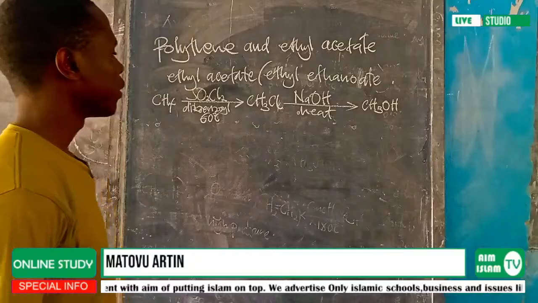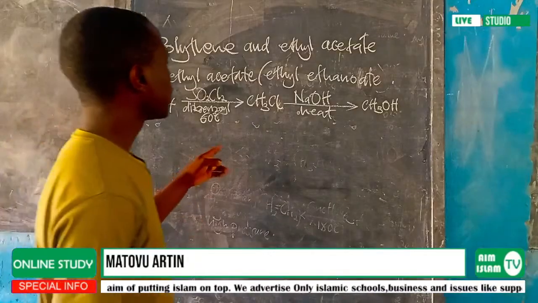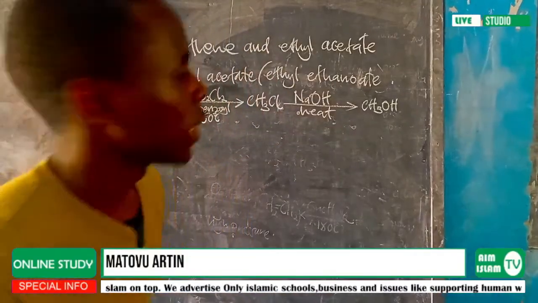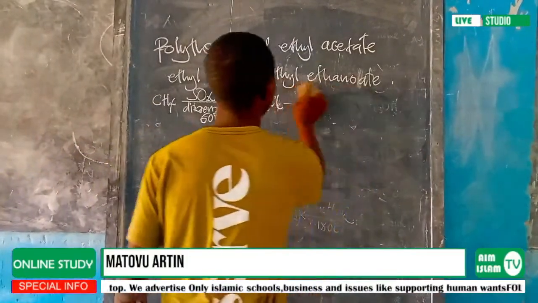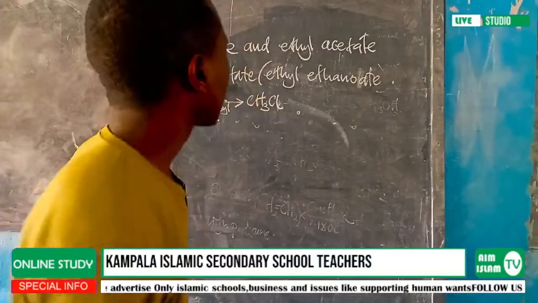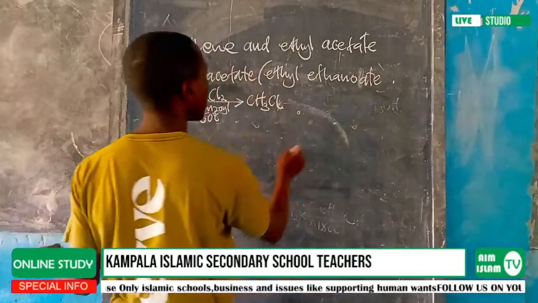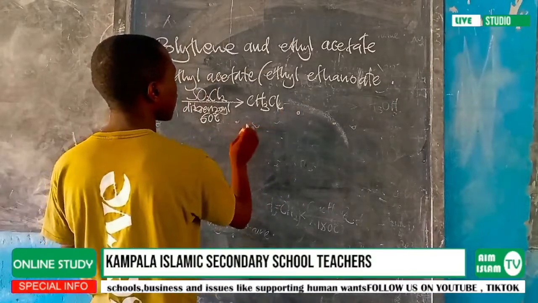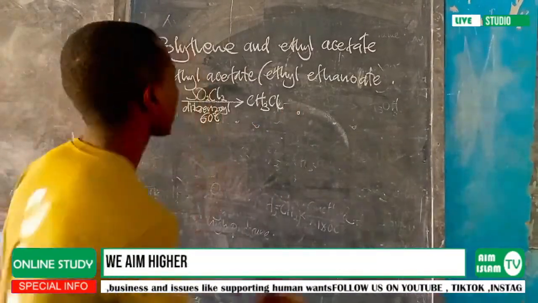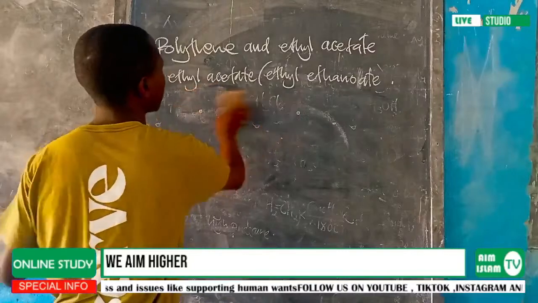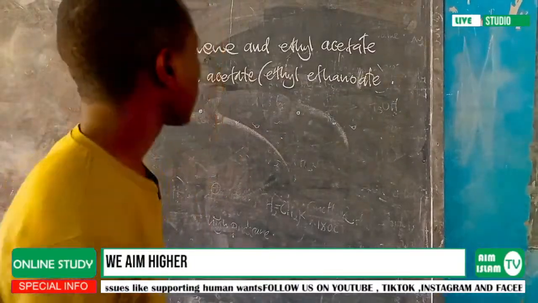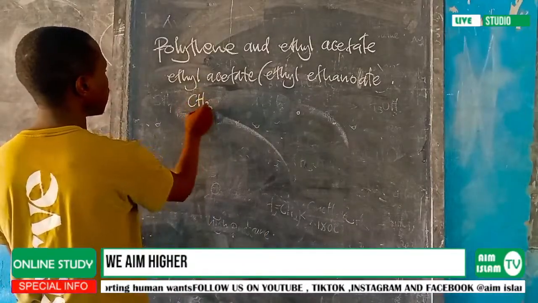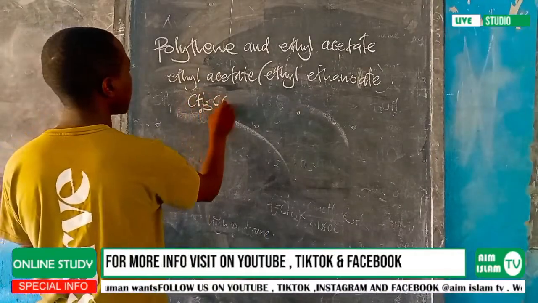Can that work? Because we need an alcohol. So let us first look at the chemical structure of ethyl ethanoate. Ethyl ethanoate is like this.